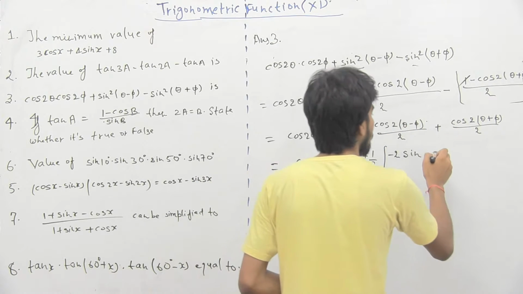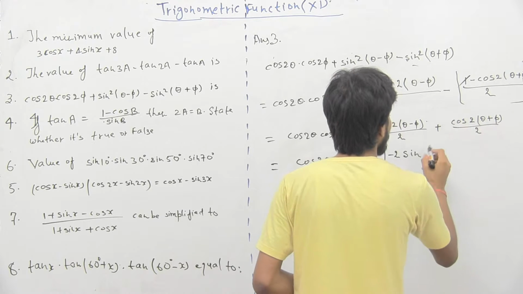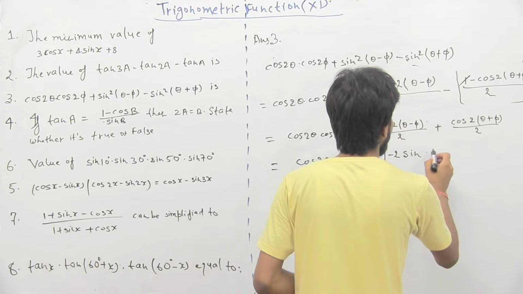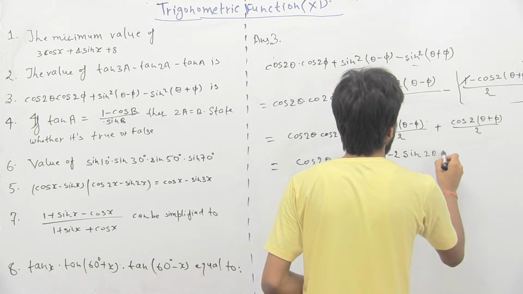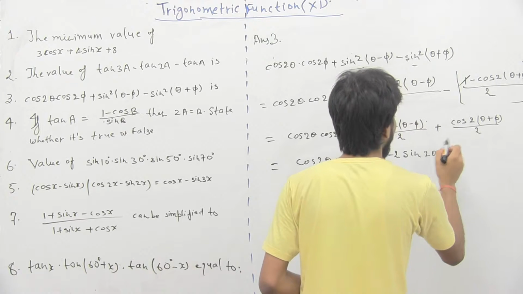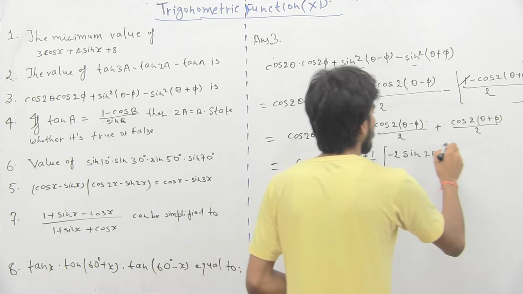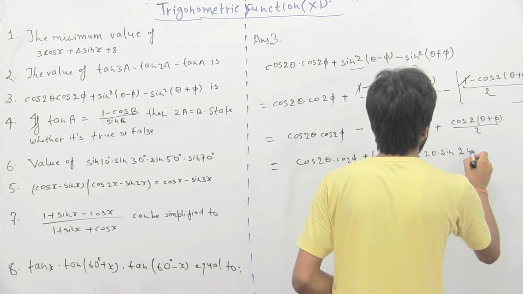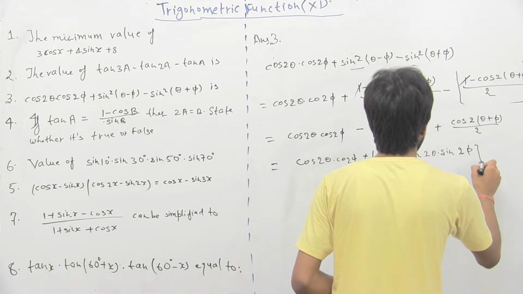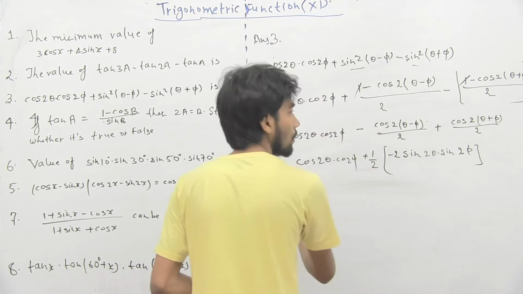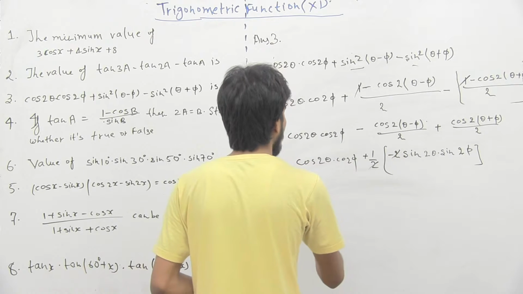When we add this, then 2 theta, and sin A minus B gives 2 phi. Okay, and 2 will get cancelled.